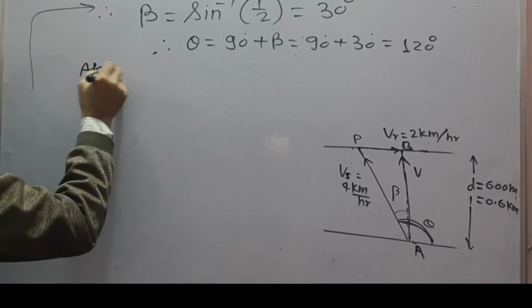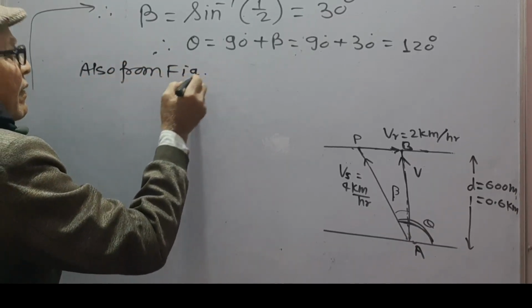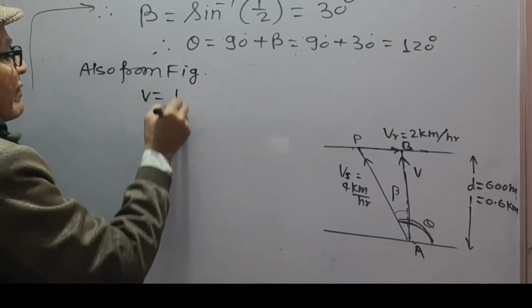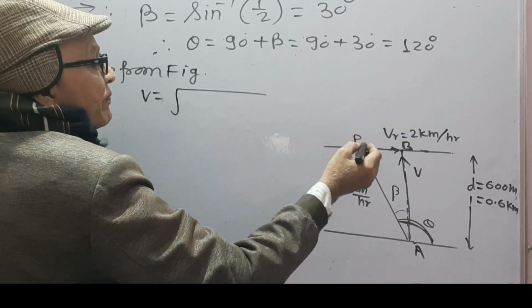Also from figure, resultant velocity v will be equal to square root of this square minus this square.